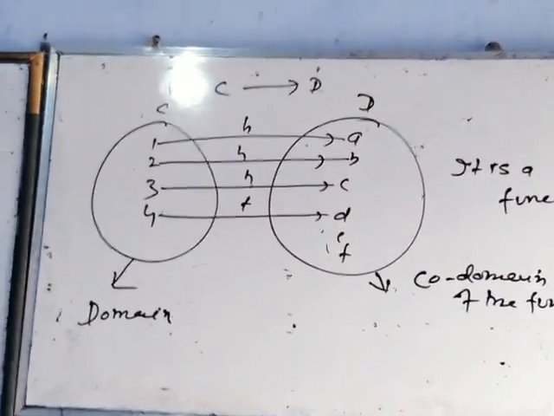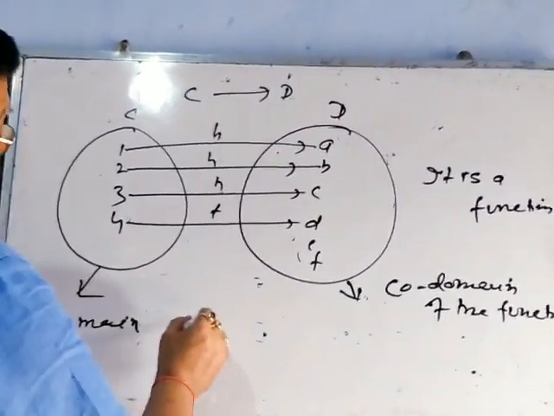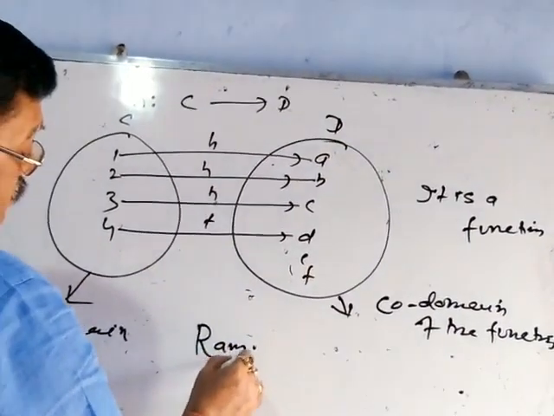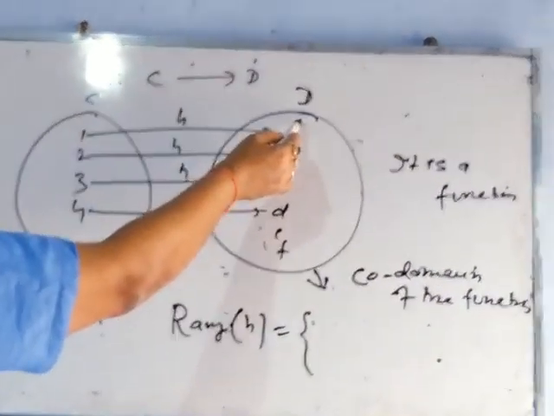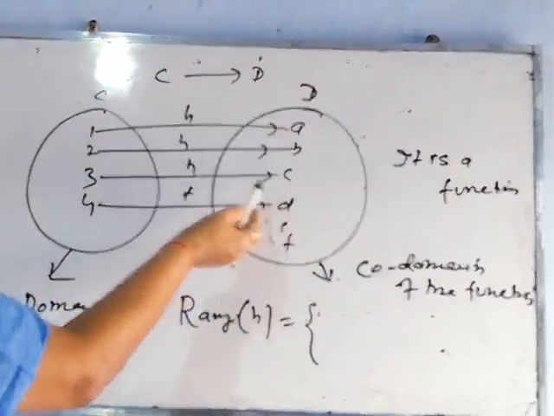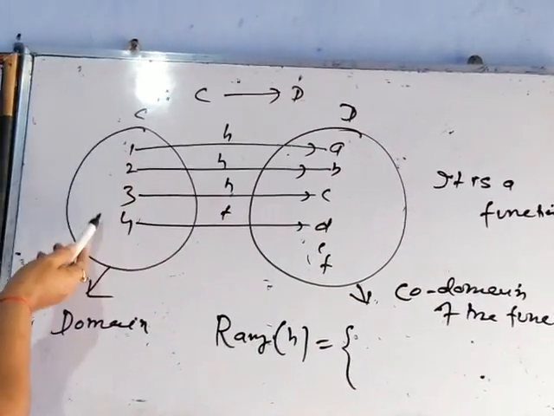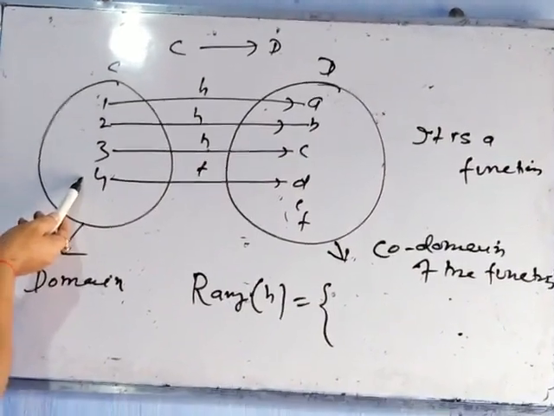Now the range of this function, range of H, will be the elements of codomain which are related with elements of domain; they come under range.